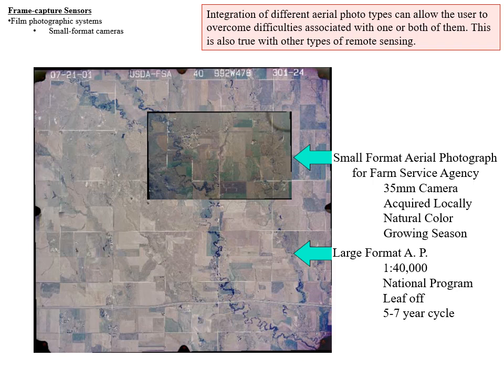It's within the growing season, and it's being compared to a large format aerial photograph that was taken during a leaf off period during a 5 to 7 year cycle between observations. So you can see how those two things can complement each other.